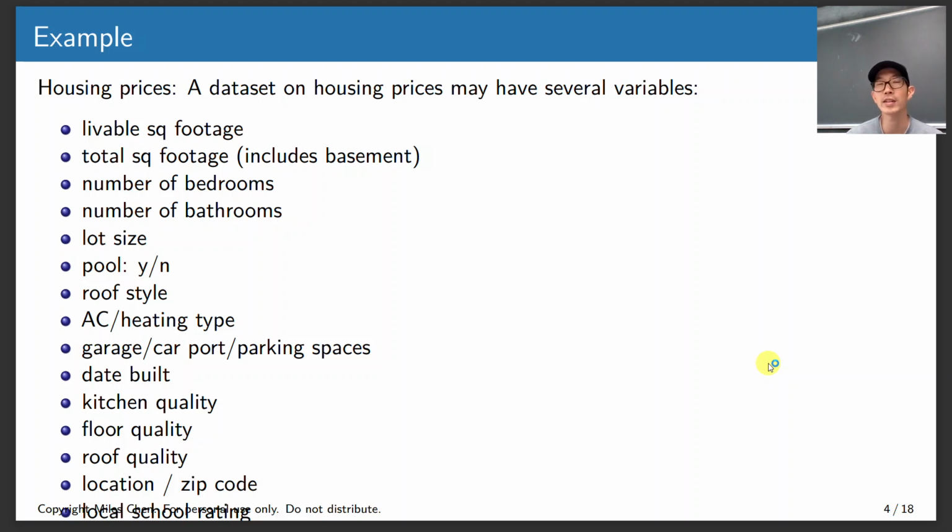So you have things like livable square footage and total square footage, which might include a basement, and the number of bedrooms, number of bathrooms, the lot size, if there's a pool, the roof style, what kind of home heating there is, is there a garage, maybe a rating for the kitchen, a rating for the floor, a rating for the roof, information about the location and zip code, or maybe information about the surrounding areas, like how close are you to a park, or what's the local school.